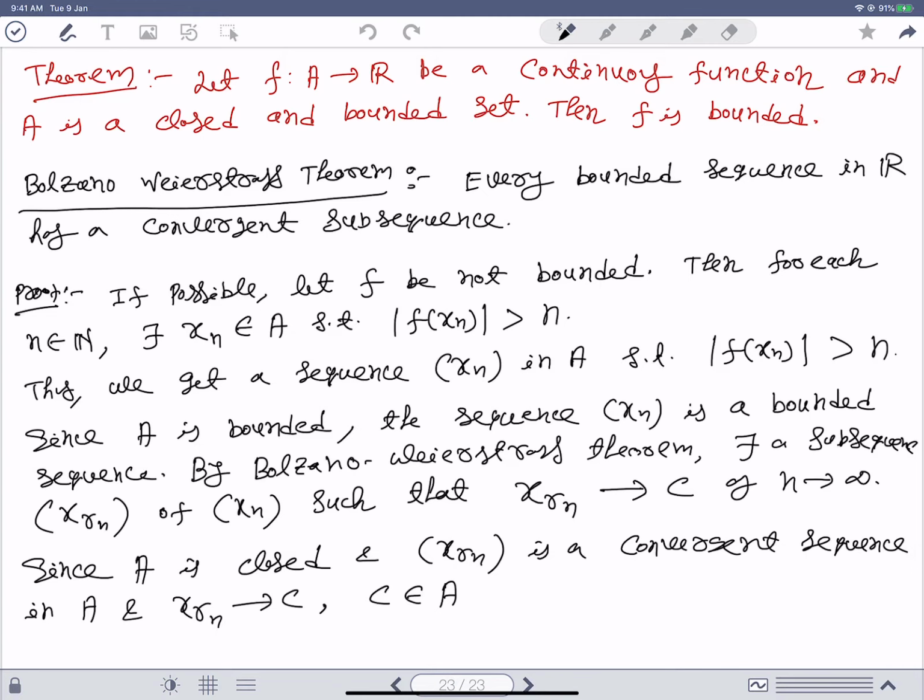That means we have a convergent sequence xrn such that xrn converges to C and C belongs to A. Now since C belongs to A and f is a continuous function on the set A, therefore f is continuous at the point C as well.